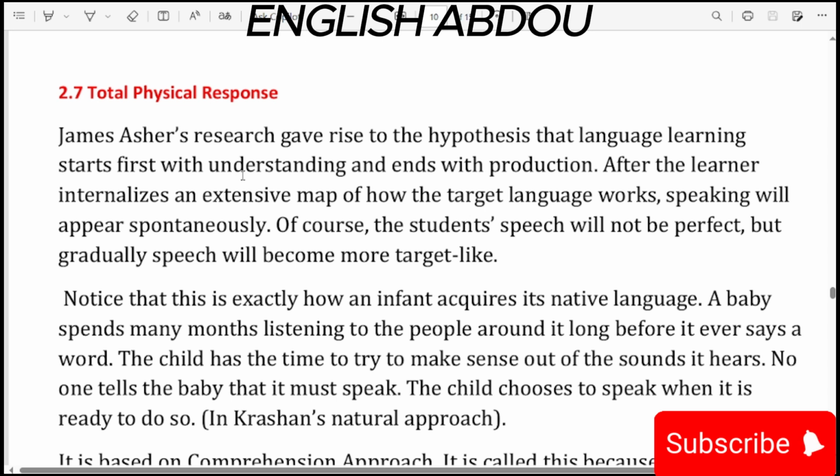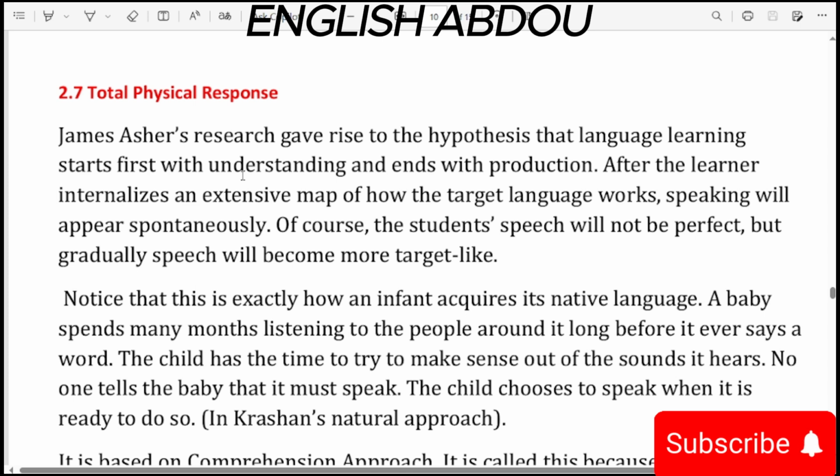It's based on the natural approach of Krashen's theory. It means we don't want students to speak from the beginning, but we give them time, as with a child. It is the natural approach. So remember, we have this method, total physical response, and also the direct method.